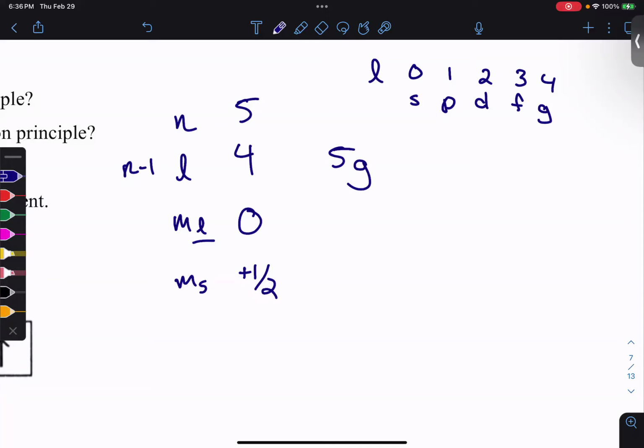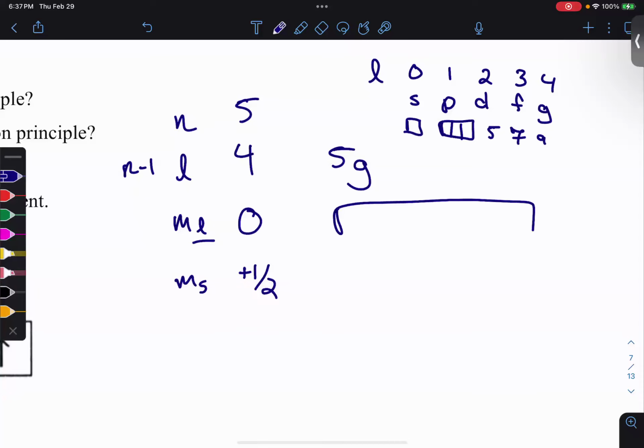Okay, but no matter. So what if we have an L of 4? How many different orientations can we have? See if you can see a trend. S orbitals only have 1 orientation. P orbitals have 3. D have 5. F have 7. So G needs to have 9, right?